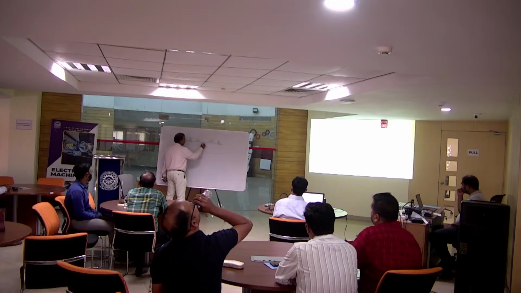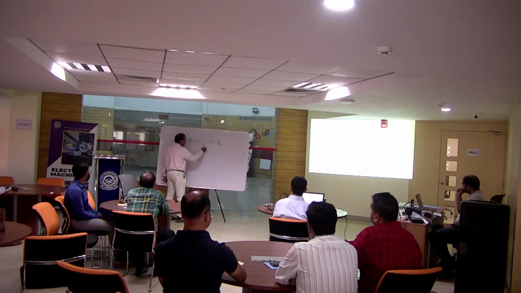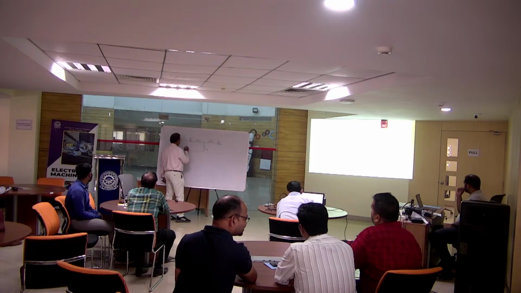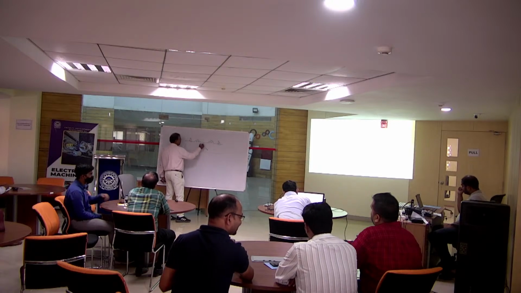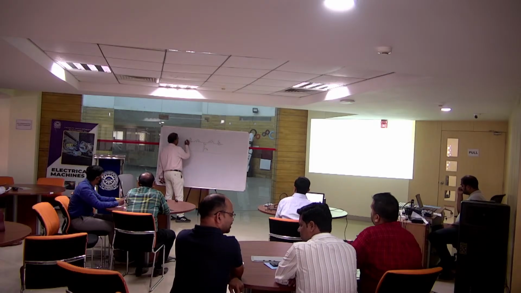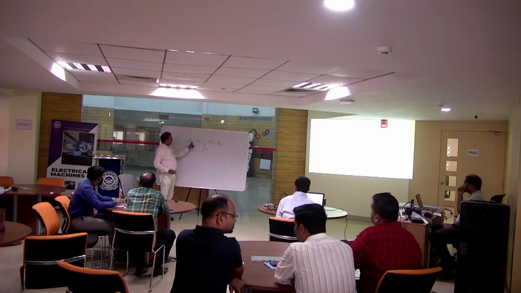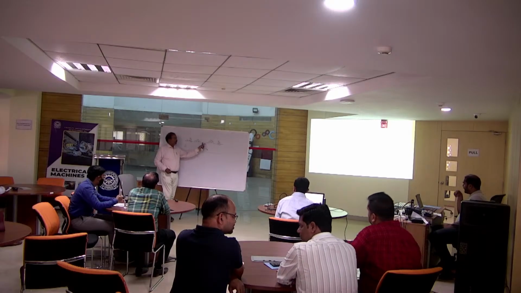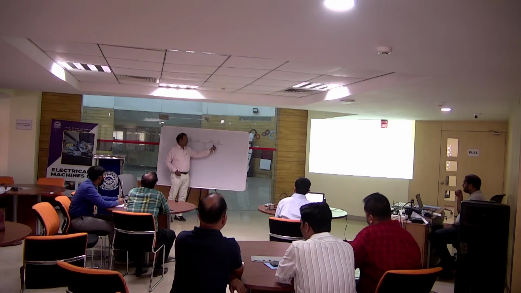And you can put the magnetizing reactance here, jXm. Here you have applied the stator voltage. It is drawing the no load current, and this is the stator current I1. This is the stator parameter. This is the rotor parameter, rotor resistance and inductance.